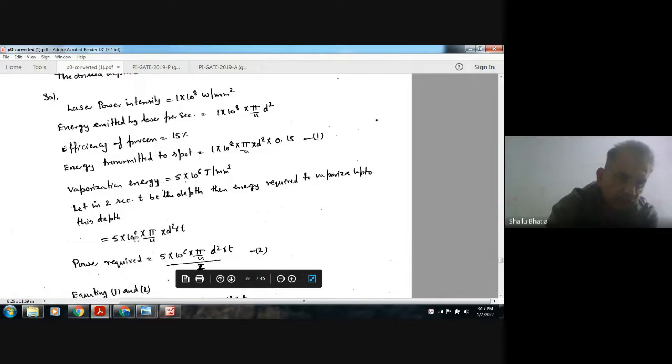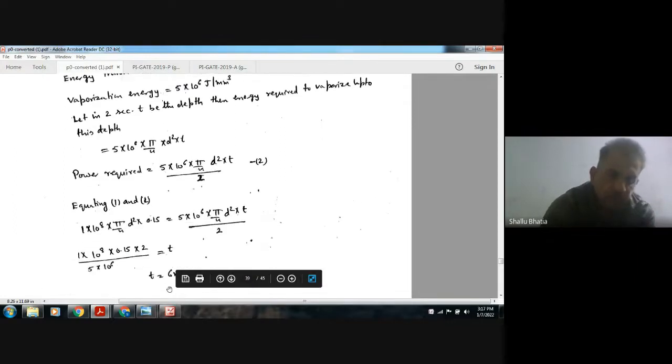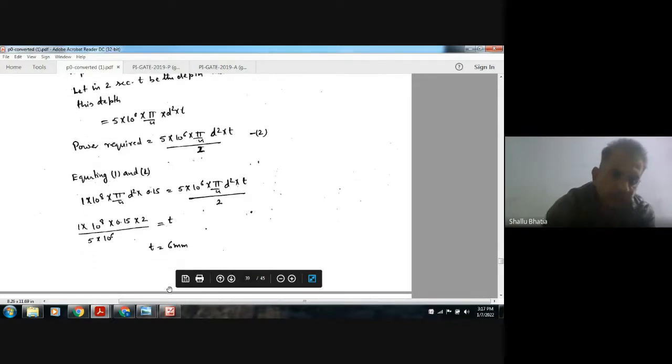So the total evaporation energy in joule is this. This is the energy available, and this is the energy required. Equating these two, we get the result.